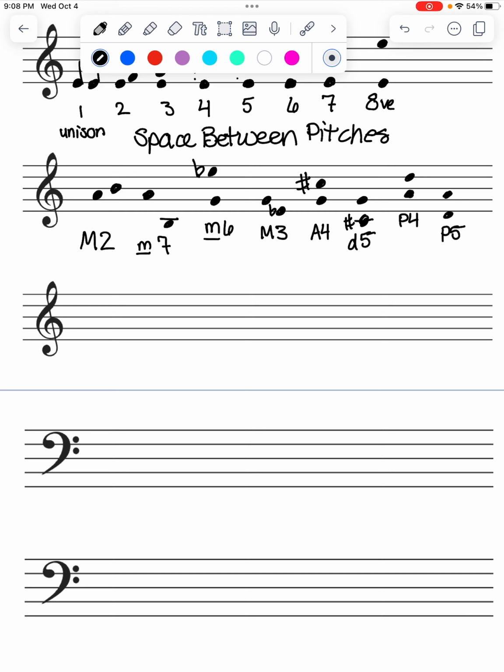So that is inverting, which helps us to get the descending interval, right?